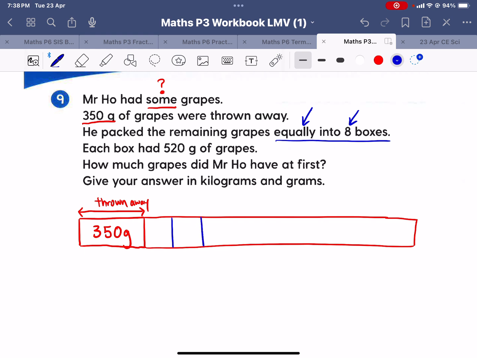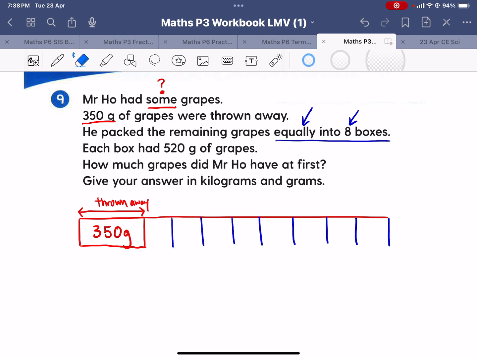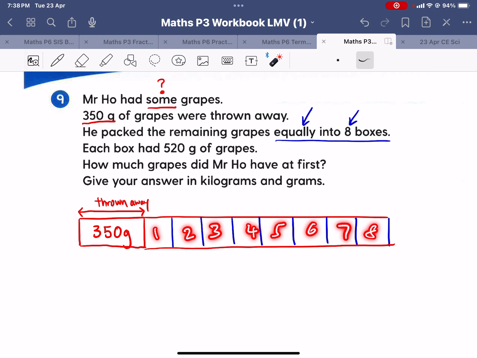This is 1 box, 2, 3, 4, 5, 6, 7, 8. We're going to stop at 8, so I'm going to erase this and stop at 8 boxes. Let me just double check that's 8 boxes: 1, 2, 3, 4, 5, 6, 7, 8. Great. 8 boxes. Now, we were told that each box has this amount of mass, 520 grams.